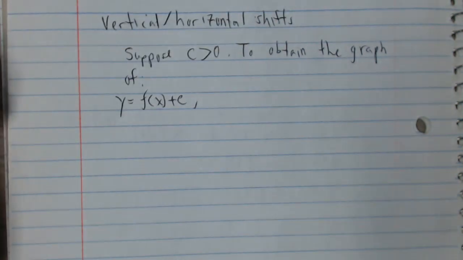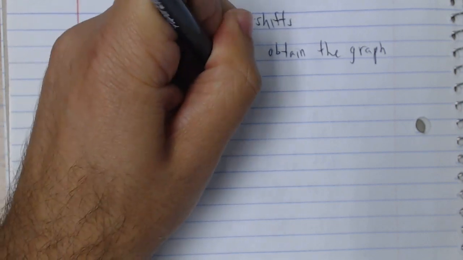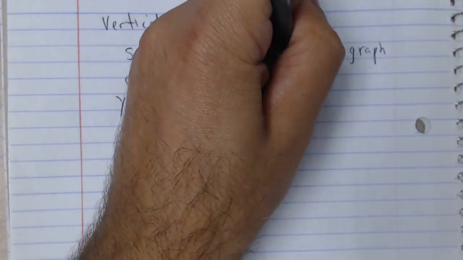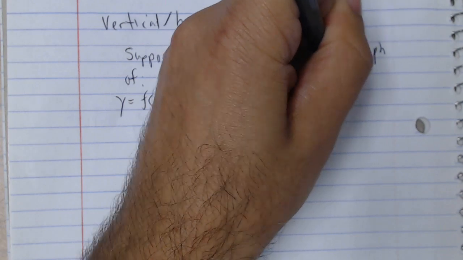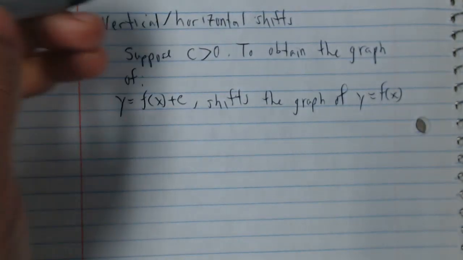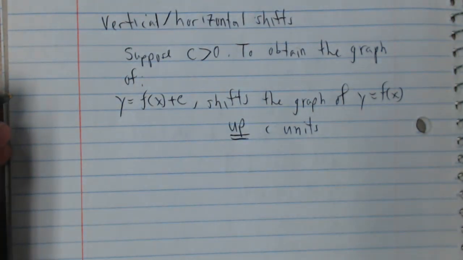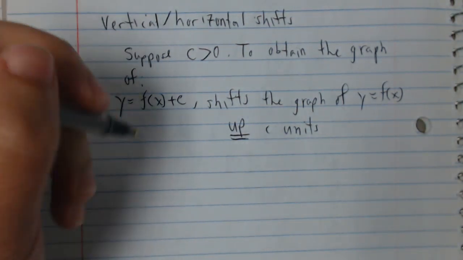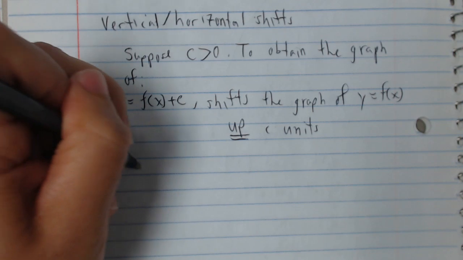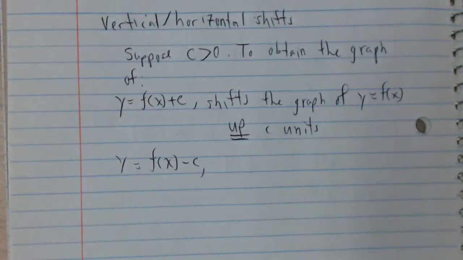So what y equals f of x plus c does, this shifts the graph of y equals f of x up c units. And then, of course, we also have y equals f of x minus c, which would shift the graph of f of x down c units.